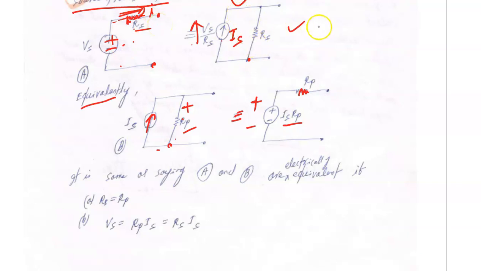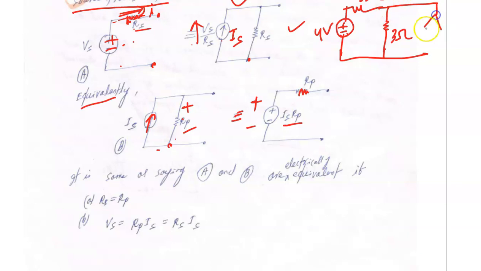For example, I'll highlight here, suppose you have been given like this. Let's say 5 ohm, 4 volt, 3 ohm, and this is the dependent source of 2I. What is I?